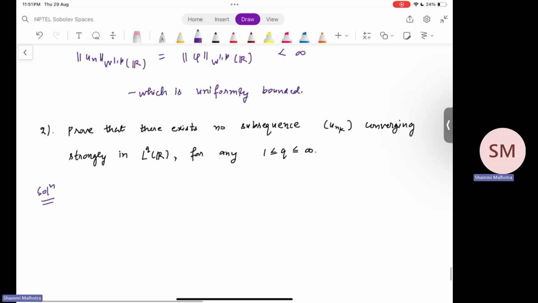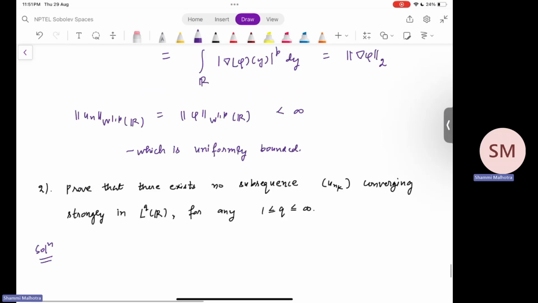First of all, whenever we see strong convergence, the first thing we would like to look at is the pointwise limit of the sequence of functions.